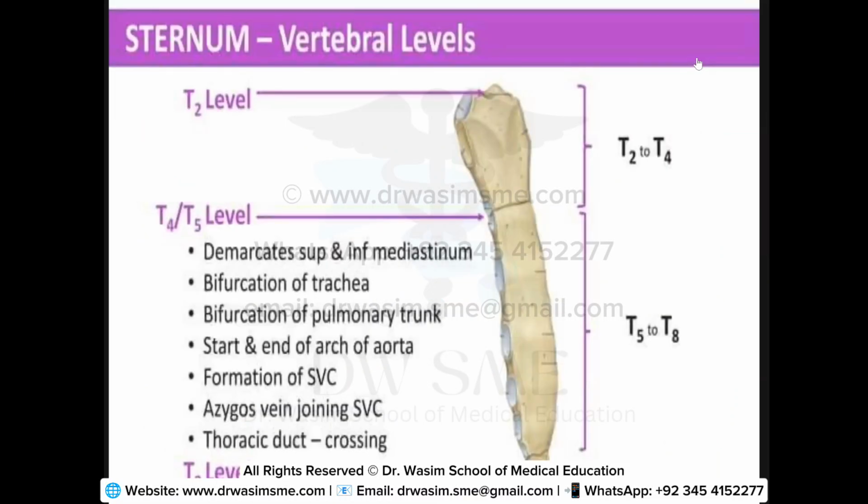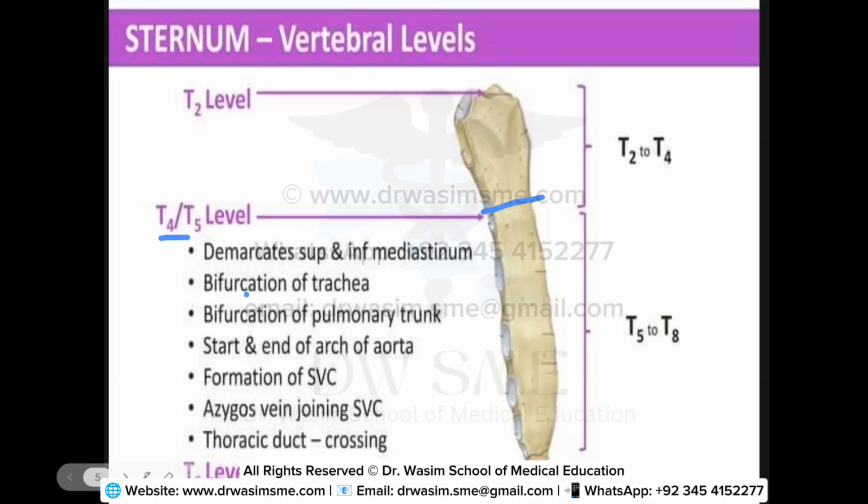The next very important thing with respect to the sternum is the presence of these levels. The sternum starts at T2 and extends till T9. The important thing is that at the junction of the manubrium and sternal body, there is the level known as T4, T5. This area is very important because a lot of landmarks are present and you need to know all of them. It is the demarcation between the superior and inferior mediastinum.